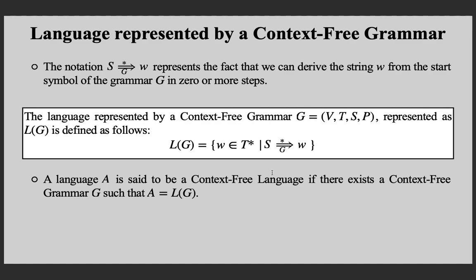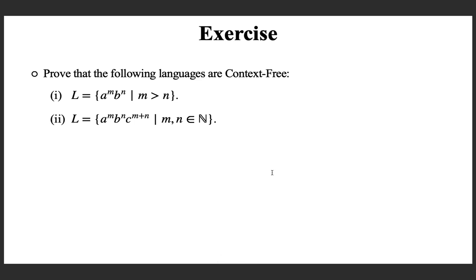That's enough. With this, we are coming to the last slide where I am giving you two exercise questions for you to practice and understand how you can get context free grammars for representing languages, and thus how you can prove that certain languages are context free.